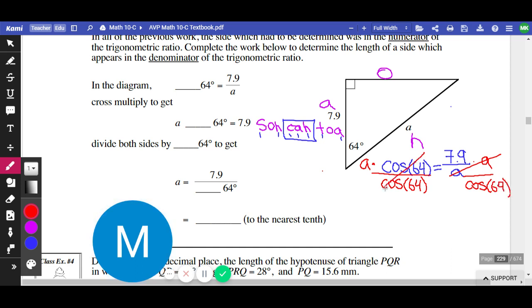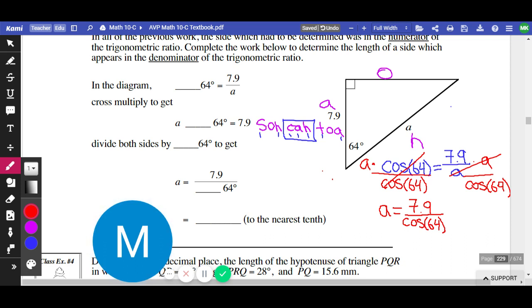That will cancel on this side, and I'll be left with A equals 7.9 over cos of 64. That's the math behind it. So I moved my variable off the bottom of the fraction, then I isolated the variable.